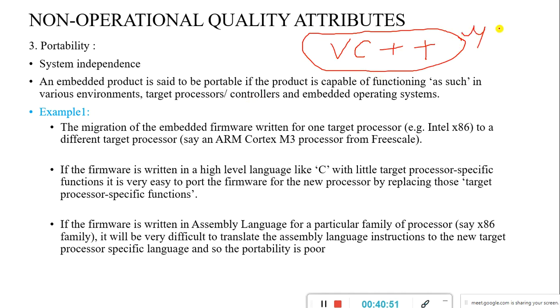If I don't have a Microsoft OS, then definitely it is not possible to run Visual C++ if I change my target operating system to anything other than Windows. It is not possible to run Visual C++ on Ubuntu OS. This is not portable software.